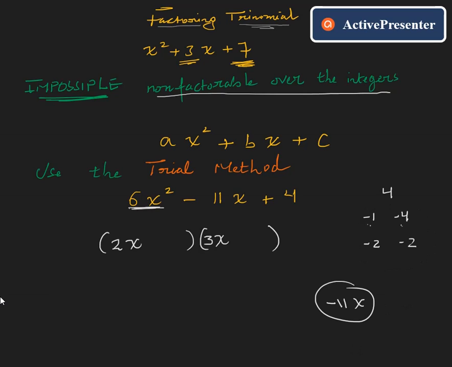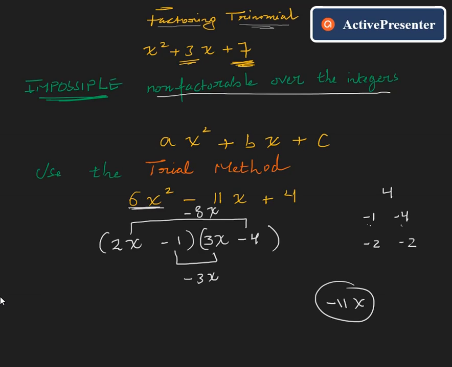Let's check. Let's first use -1 and -4. The outer here, 2x multiplied by -4, is -8x. The inner here, -1 multiplied by 3x, is -3x.